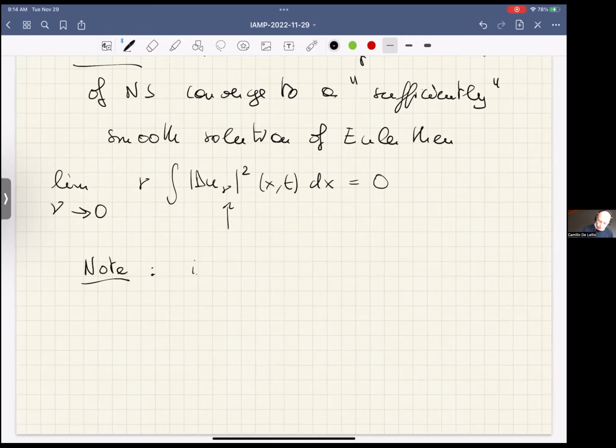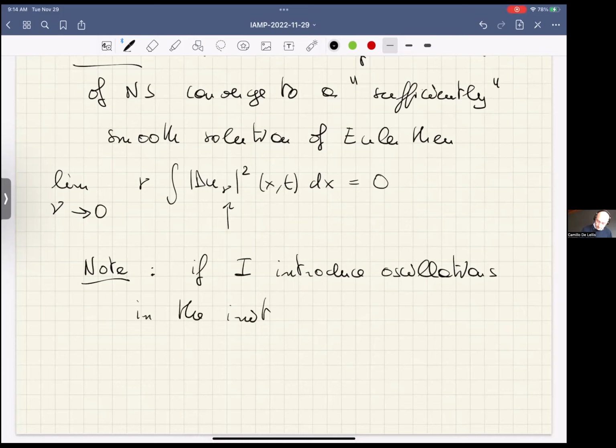So if I introduce lots of oscillations in the initial data, of course, even if I'm solving the heat equation, the dissipation term will dissipate these oscillations very, very fast.